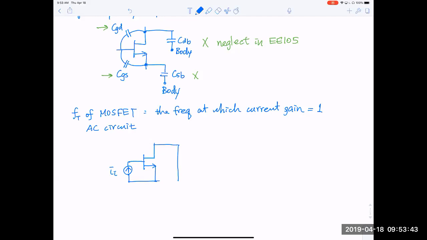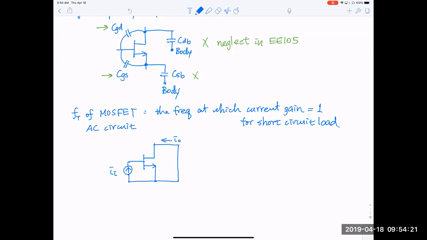So I actually short circuit the load, and I measure what is the output current here. So FT is the frequency at which the current gain is equal to 1 for a short circuit load. Why short circuit load? We want to know the intrinsic response of the transistor. We don't want the interference due to the external circuit elements that we attach to the transistor. So this is the fastest the transistor will go.